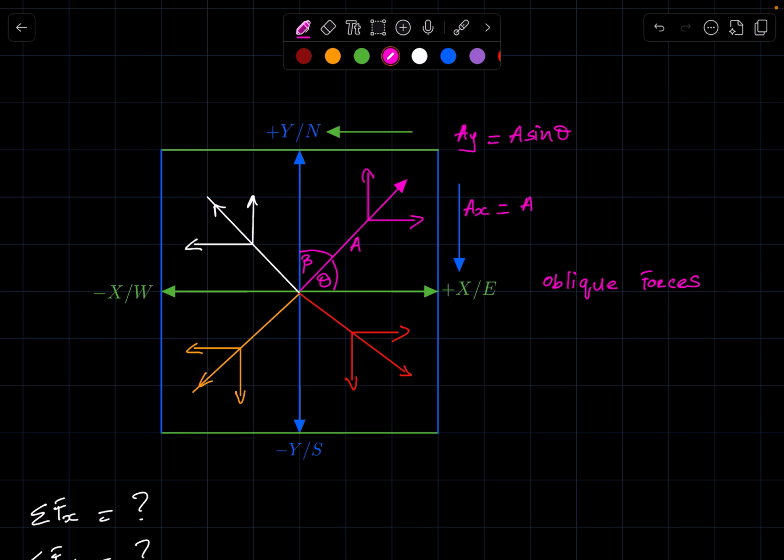The vector is A, and then you use cos theta. If the angle you are using is a reference from the x-axis, then the x component will be in terms of cos, and the y component will be in terms of sine.